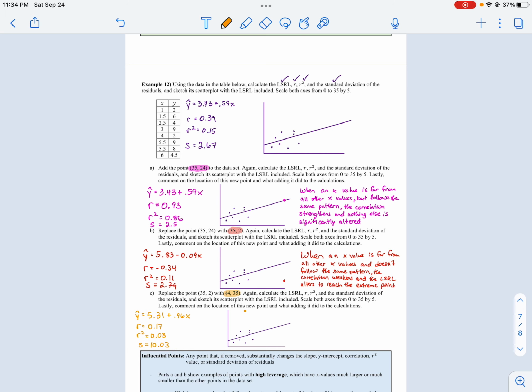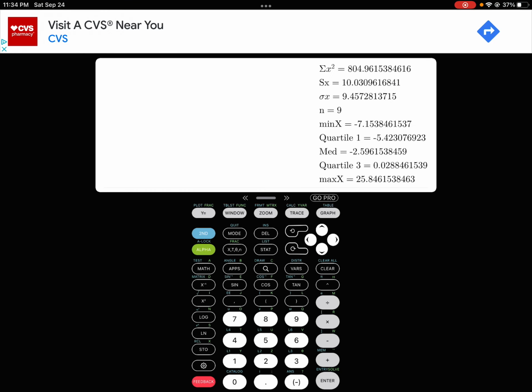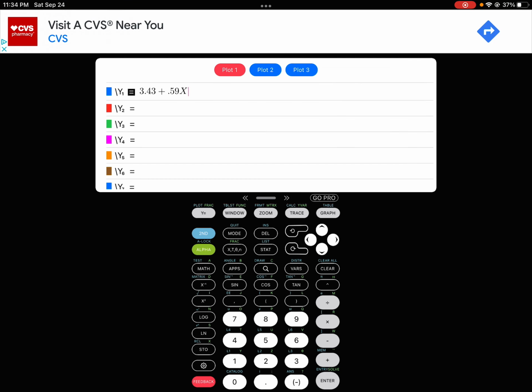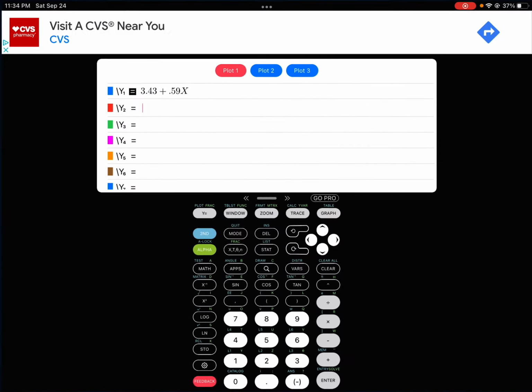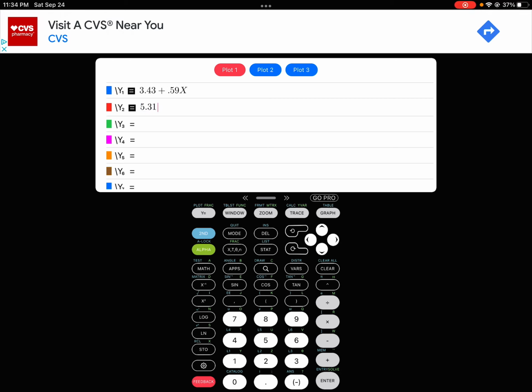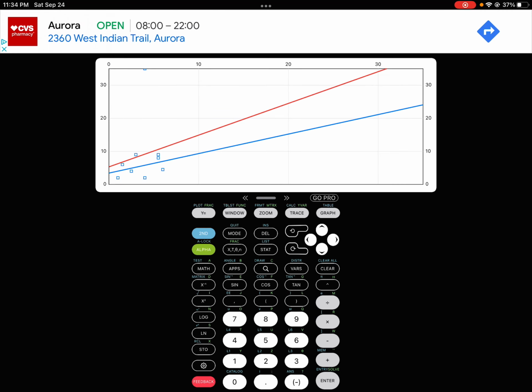And if I were to graph really quickly this new line that we just calculated as well, which was 5.31 plus 0.96x, you see that in red, you can see that it's not drastically different. Maybe that's surprising to you, but it's not drastically different.